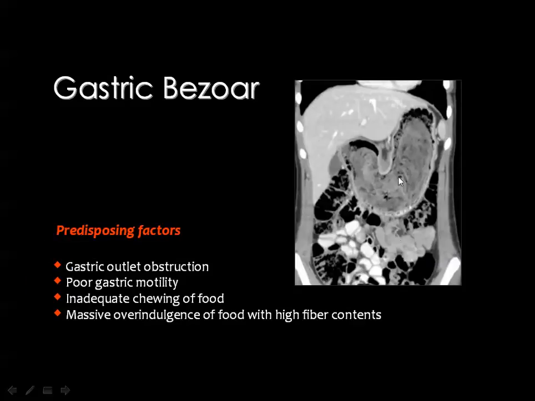And you see here there is a big mass of bezoar filling most of the stomach, and this mass may accumulate proximal to gastric outlet obstruction, or secondary to poor gastric motility, or the sequelae of inadequate chewing of food, or the massive overindulgence of food with high fiber content.